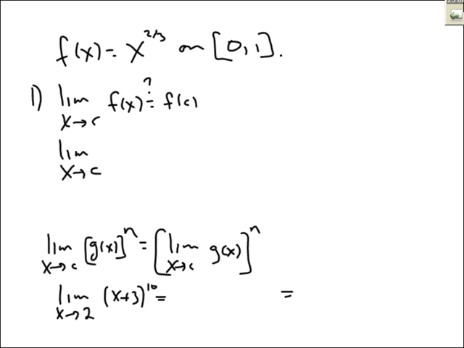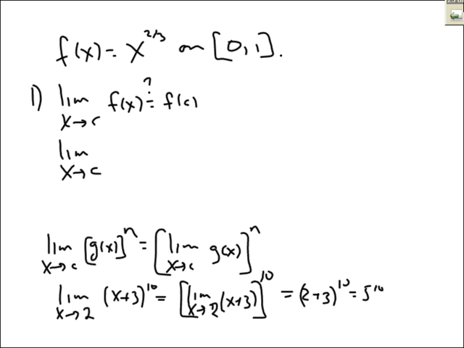Fine. We would say 2 plus 3 is 5, and the answer is whatever 5 to the 10th is. But what the theorem is stating is you can take the limit as x goes to 2 of x plus 3, which is 5, and then raise that to the 10th power.